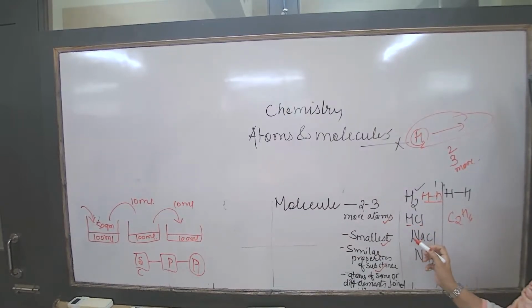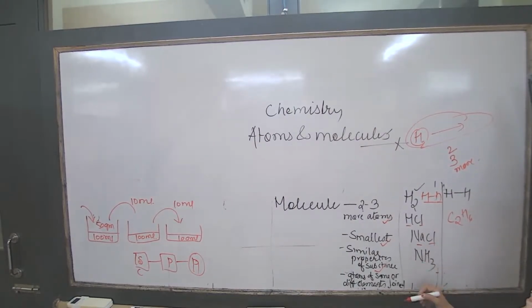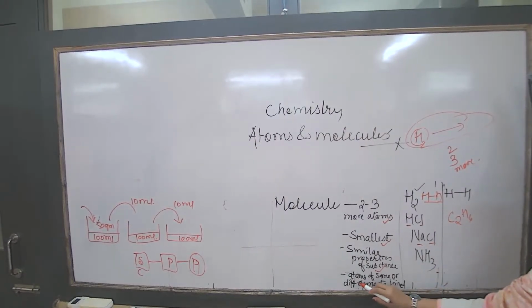These two are different atoms bonded together to form a molecule. Here again Na and Cl are different. So for a molecule, the atoms are either the same or different. Understood now? Or if you have O2, what is O2?